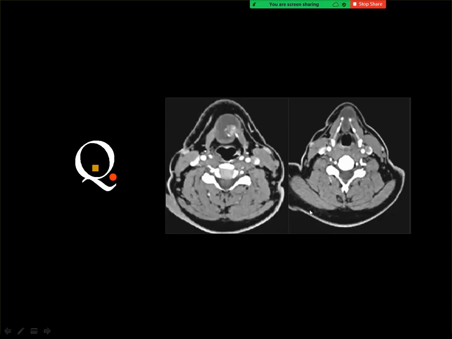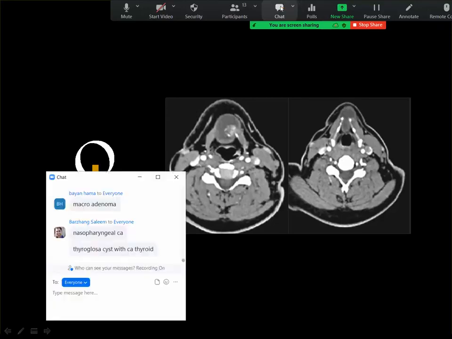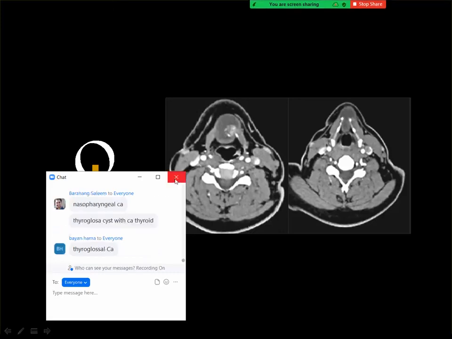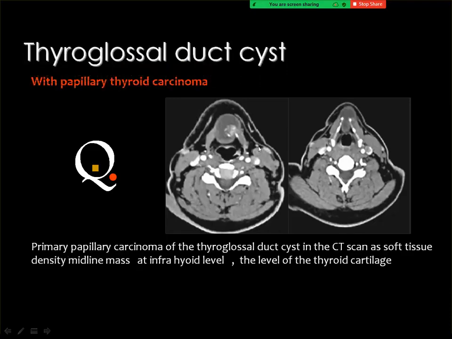CT of the neck at the level of the hyoid bone with intravenous contrast. Yes, and this is thyroglossal duct cyst with carcinoma inside. Very good, good answer. This is a thyroglossal duct cyst, a midline cyst in the neck, diagnostic of thyroglossal duct cyst.